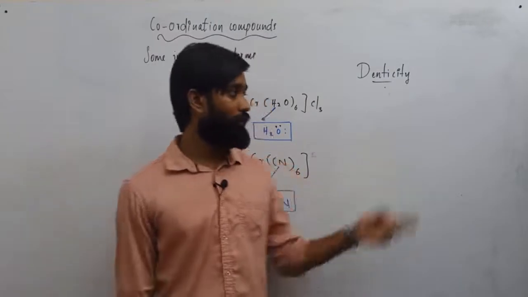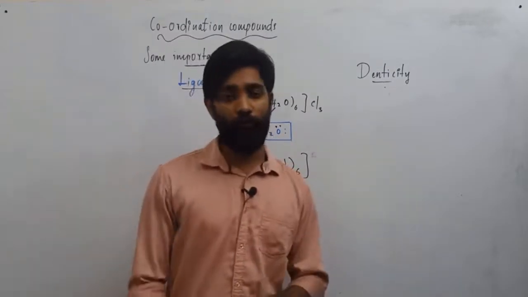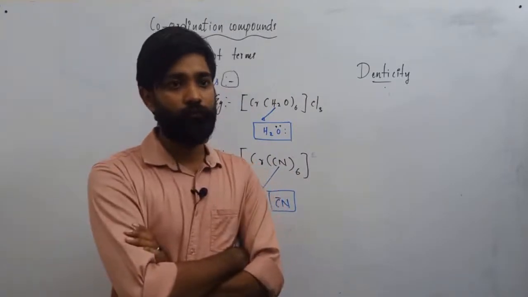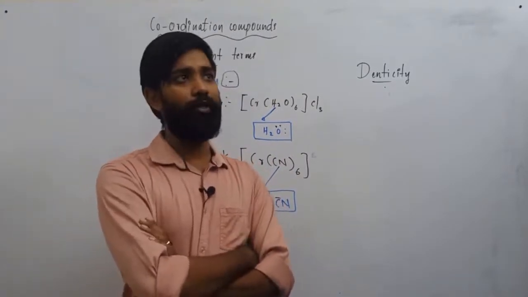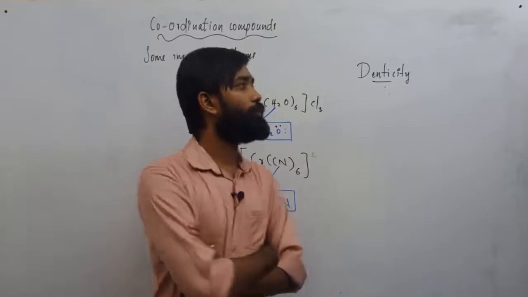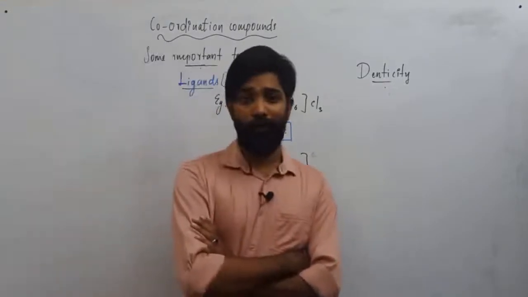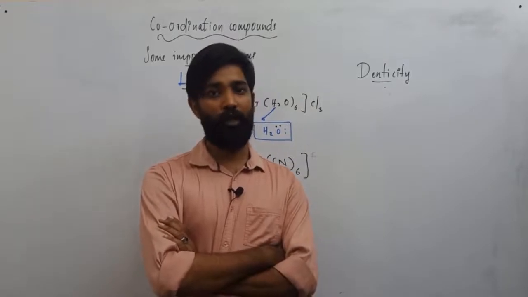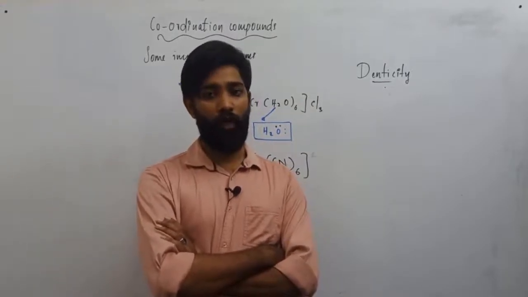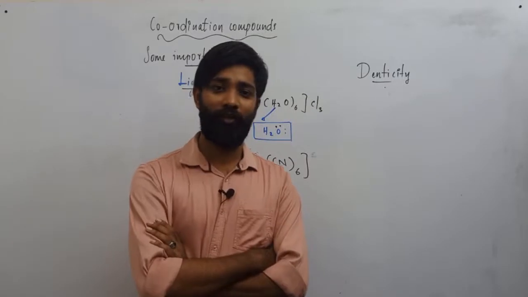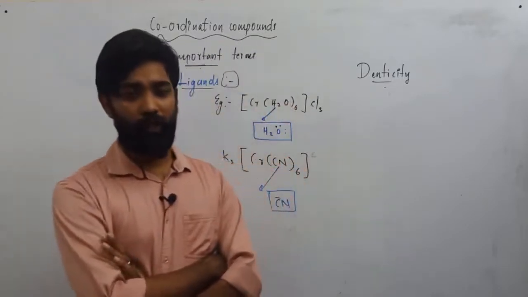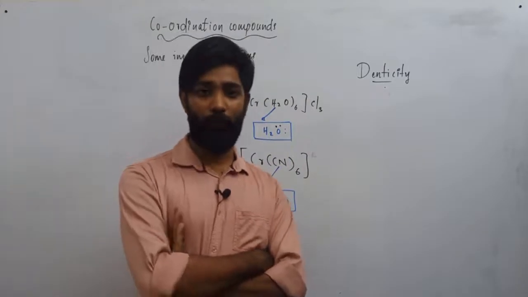That's very important, so define that. It is the number of donor atoms present in a particular ligand. Okay, now we can discuss different types of ligands based on their denticity, moreover their names, structures, and properties.